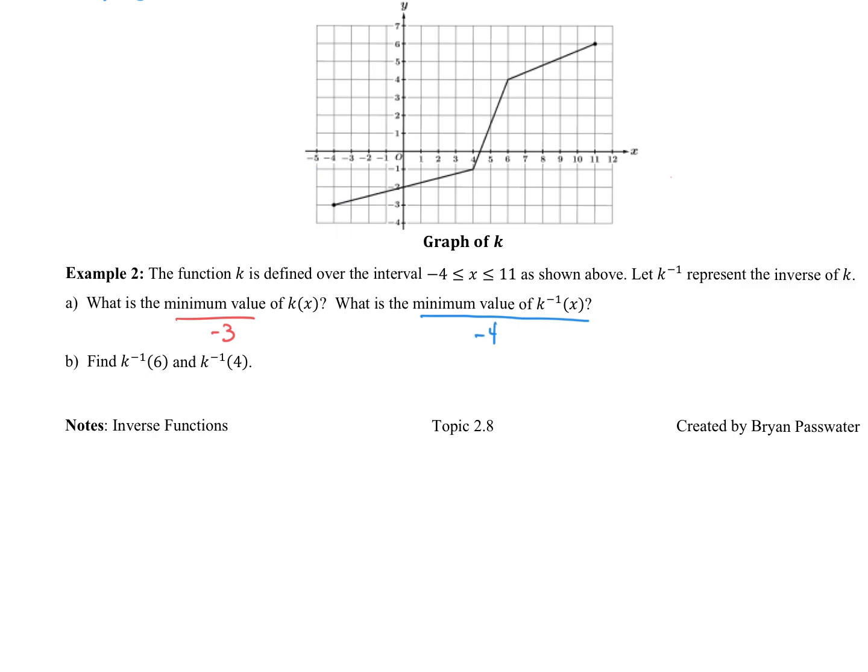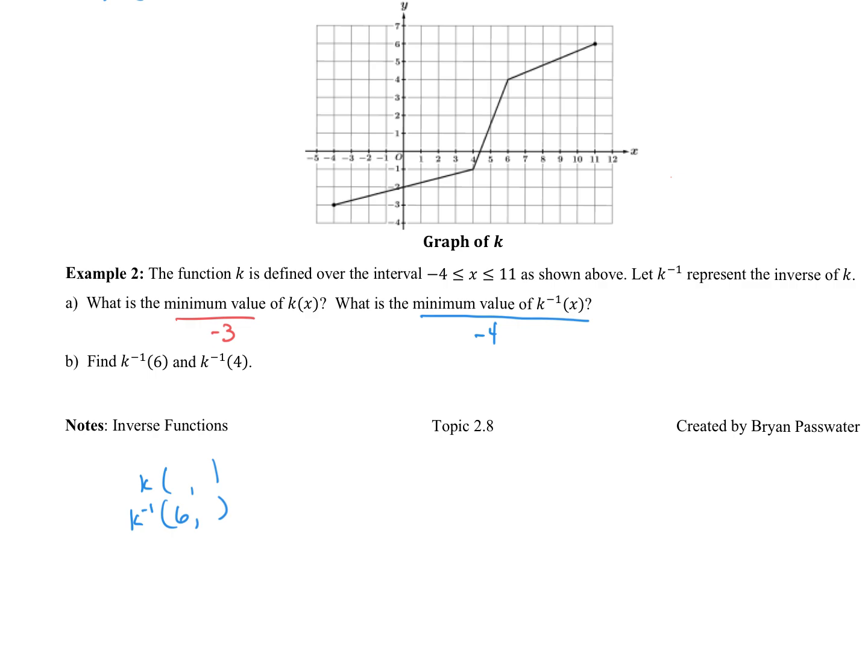Cool. Let's do it again. And so now I'm finding k inverse of 6. I'm going to do this one ordered pair style, and then you can do whatever you want after this. All right? So k inverse of 6 is really finding what of k? Again, an inverse is a what? Switch in x and y.